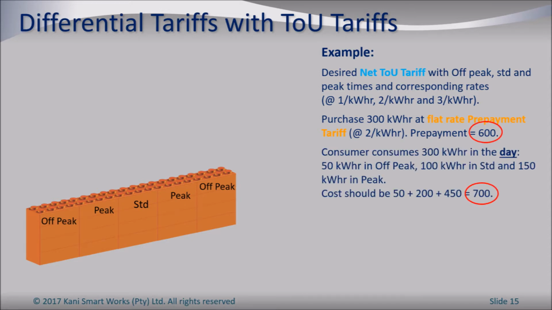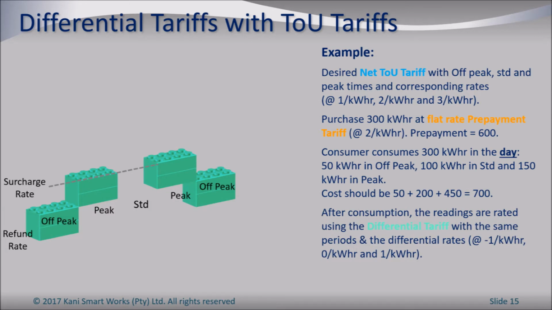Now let's imagine that the consumer consumes all 300 kWh in the day. Let's imagine 50 kWh is consumed in the off-peak period and 150 kWh in the peak period. The cost should therefore be 50 plus 200 plus 450, which is 700. But remember, the consumer only paid 600, so they're actually owing 100.